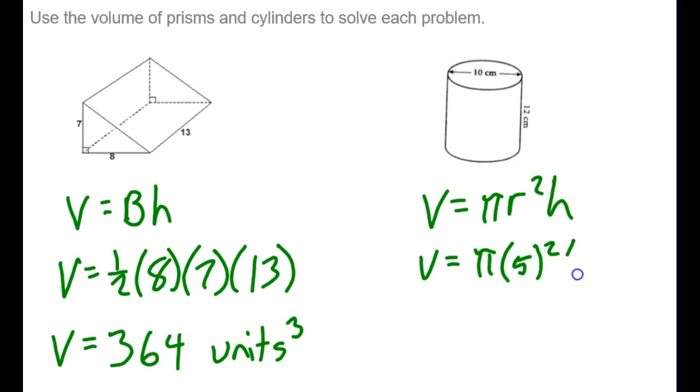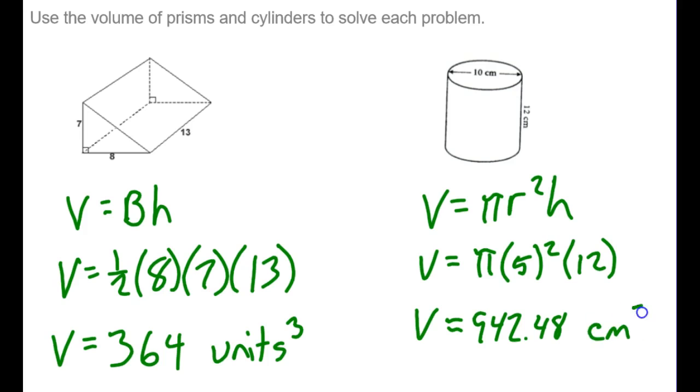We're squaring that times our height, which is 12. Now again, if you take your calculators, type this in, you will get the volume is approximately 942.48. Again, we didn't have a label. Actually, we do. We have a label in this case, it's centimeters, so this will be centimeters cubed.